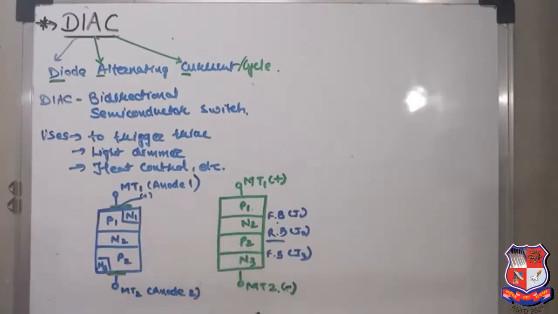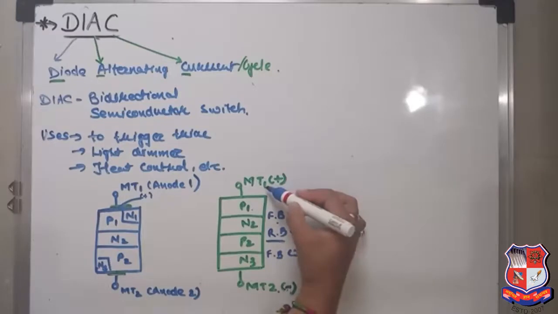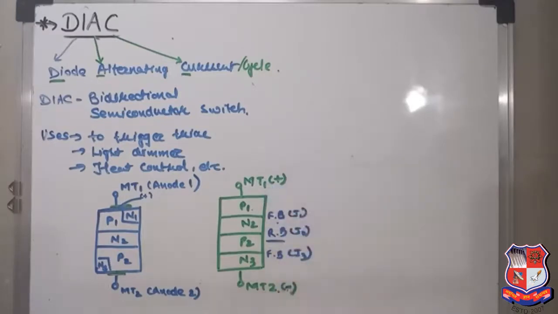Now when the externally applied voltage exceeds the breakover voltage, then what will happen? The reverse biased junction breaks down, meaning there is an avalanche breakdown of the reverse biased junction J2, and at that time current starts to flow from MT1 to MT2.